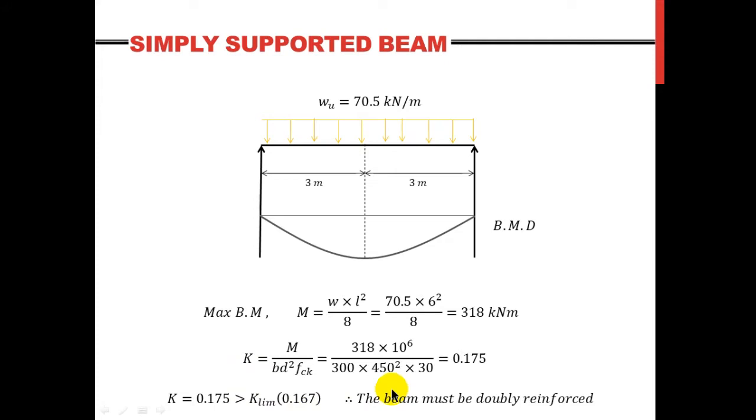So I would design my beam as a singly reinforced beam. But in this case, I'm fine with a K larger than the limit, and I'll design my beam to be doubly reinforced instead of singly reinforced. Right, that's it for the K.